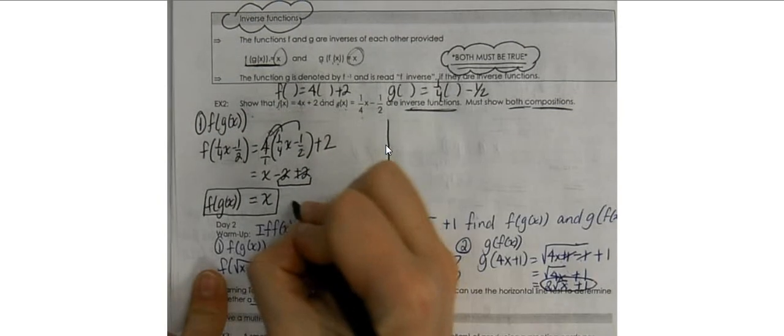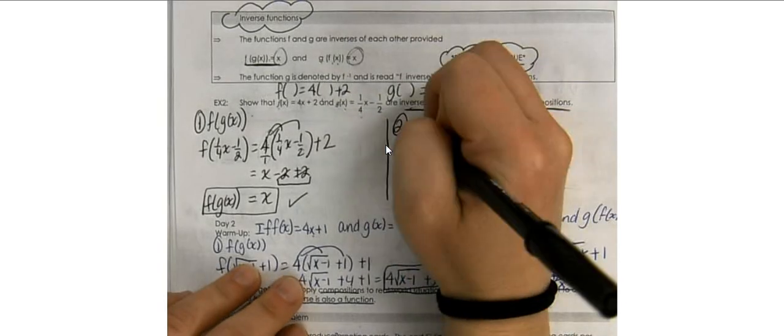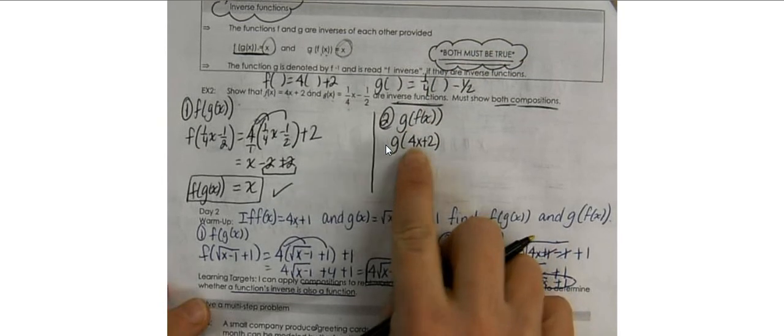Cool, that's one. We need to show the other one, which is g of f of x, also whittles down to equal the letter x. So since f of x is 4x plus 2, I'm going to replace f of x with 4x plus 2 and substitute this whole function into my g function. So that's going to be 1/4 times 4x plus 2 minus 1/2.